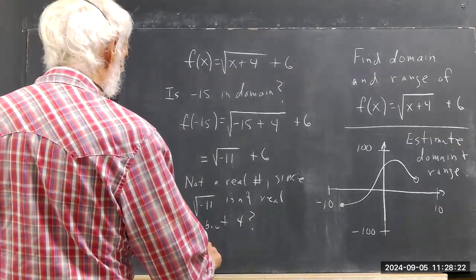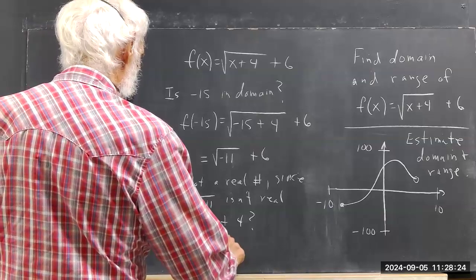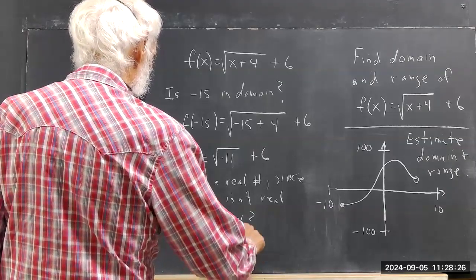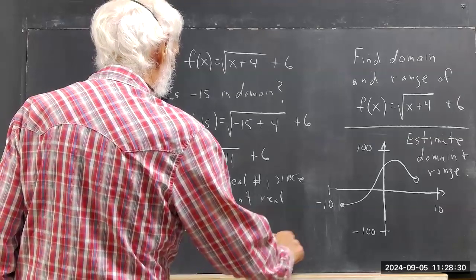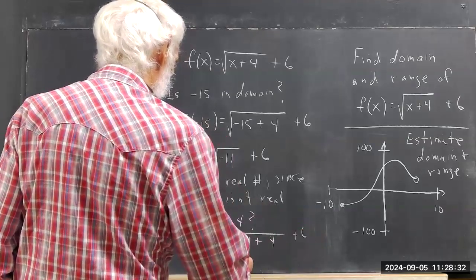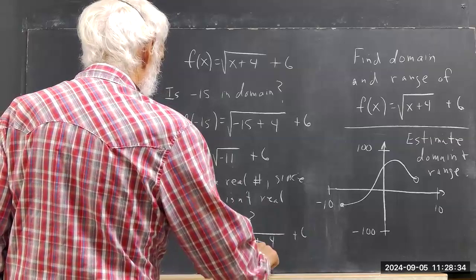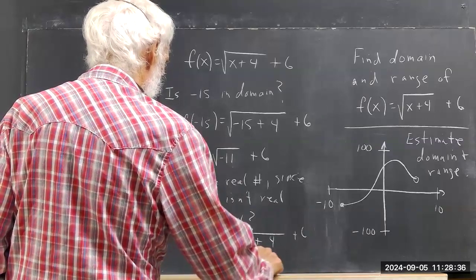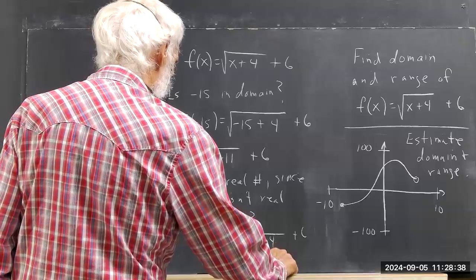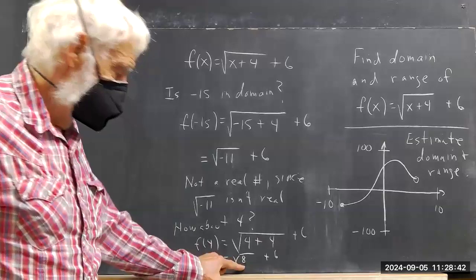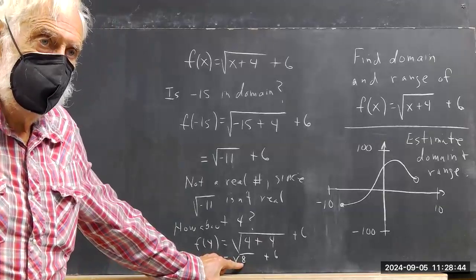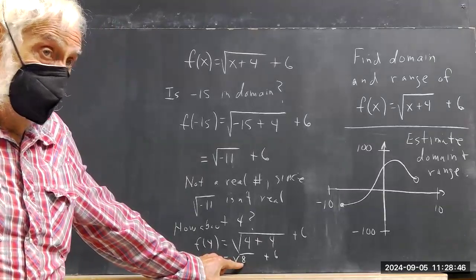How about 4? f of 4 equals the square root of 4 plus 4, plus 6, which is the square root of 8 plus 6. And well, the square root of 8 is between 2 and 3. Why is that?